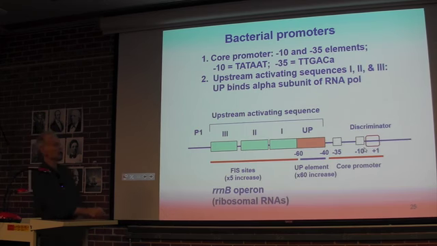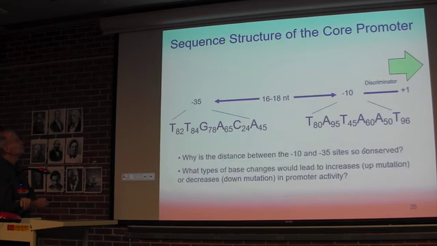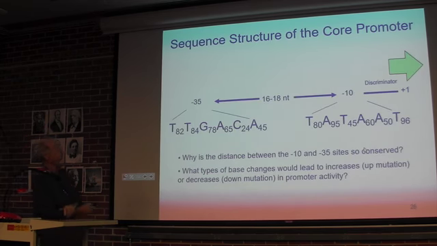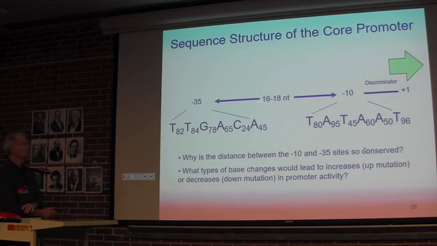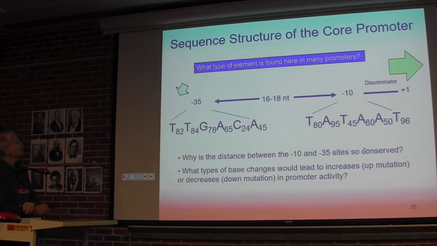This is the thing that fires once a second. That's as fast as you can do it. The sequence structure, and you know about this: if you change the spacing, or mutate it either towards or against the ideal, you change the activity appropriately.